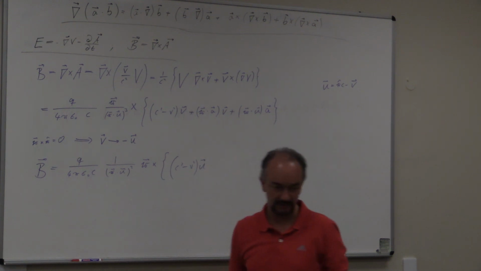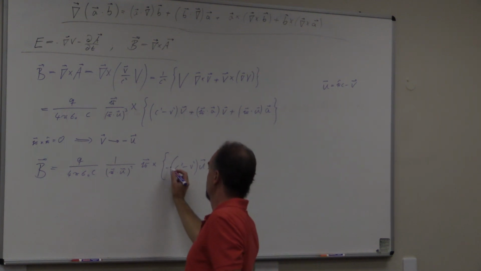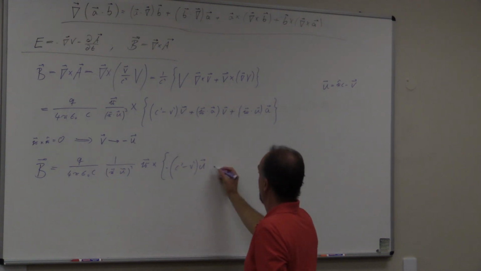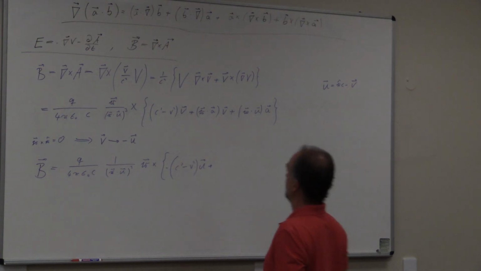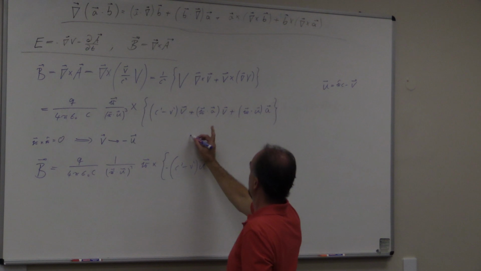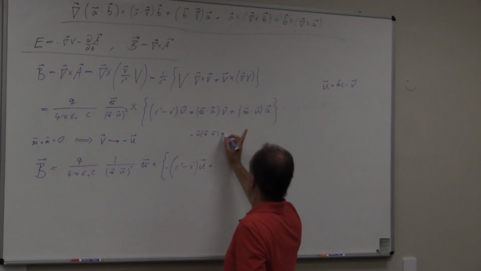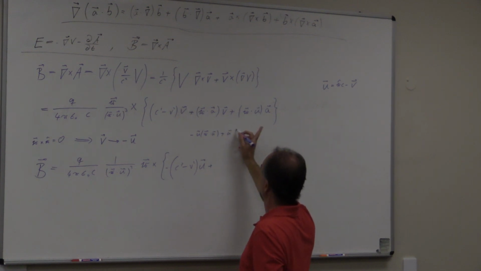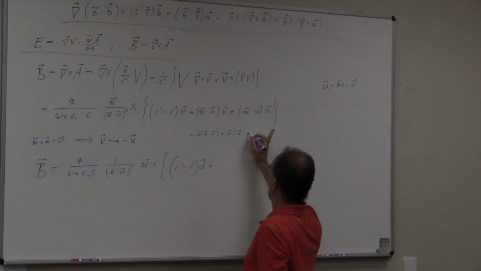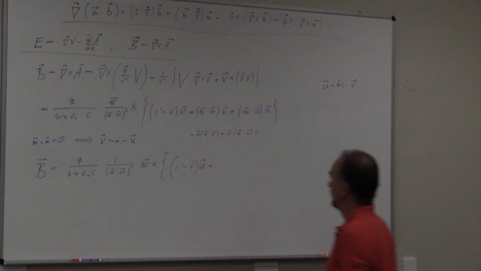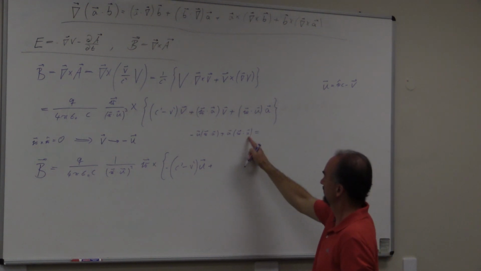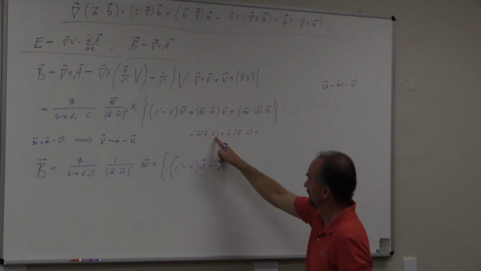That's actually a minus sign, right? Plus, well, then this becomes minus u r dot a plus a r dot u. Well, and this is BAC minus CAB.